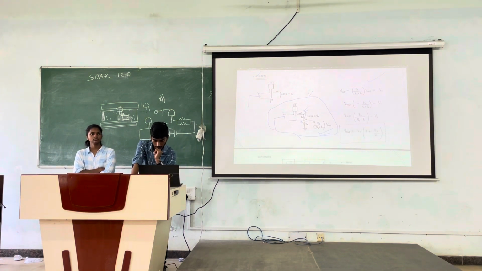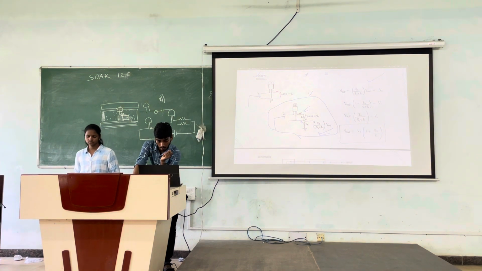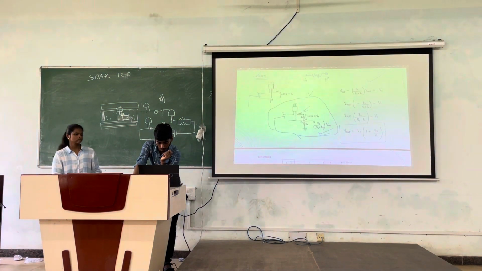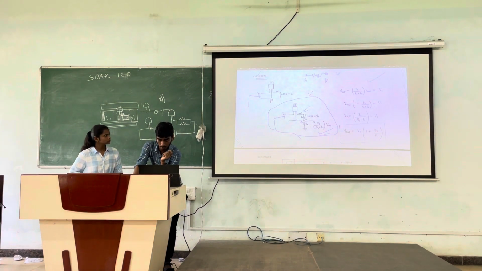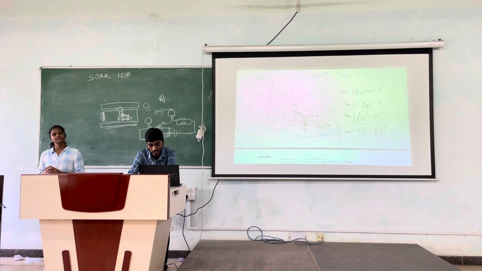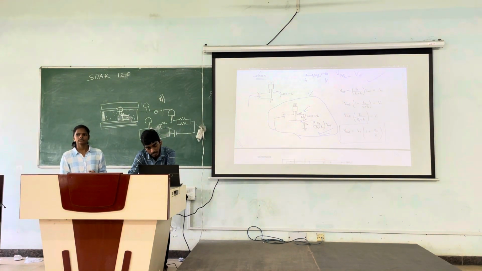So V out is the potential of this point. Let's take an example. If we have a resistor between point A and point B, and we are asking what is VAB. Pardon me for my bad handwriting. VAB can be written as VA minus VB.